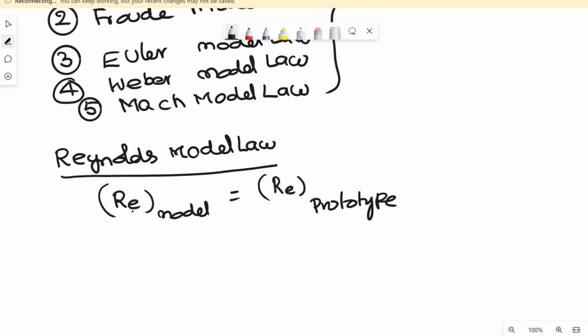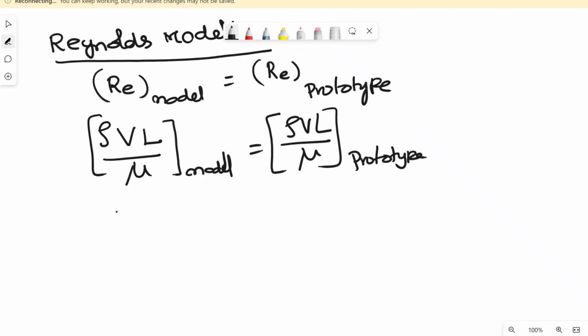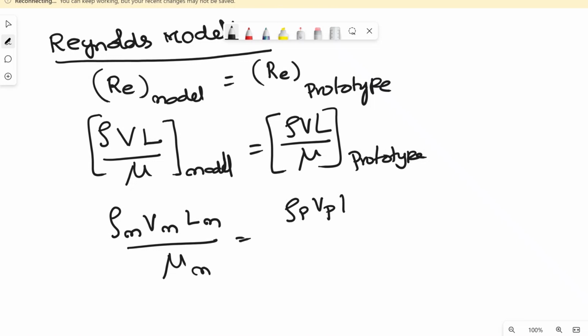What is Reynolds number for the model? It is rho V L by mu for the model is equal to rho V L by mu for the prototype. In other words, if I write rho m Vm Lm by mu m is equal to rho p Vp Lp by mu p.